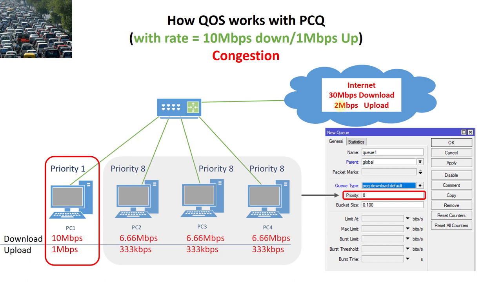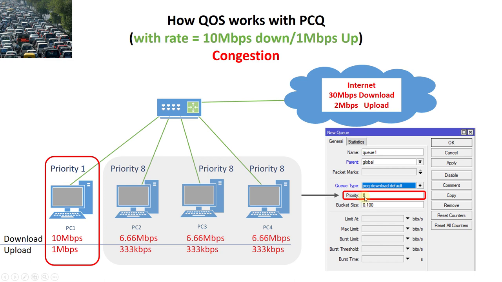So with this, the first PC will have a download speed of 10 megabits down and 1 megabit up, and that is because of the rate limit. But there are other factors that affect rate limits.